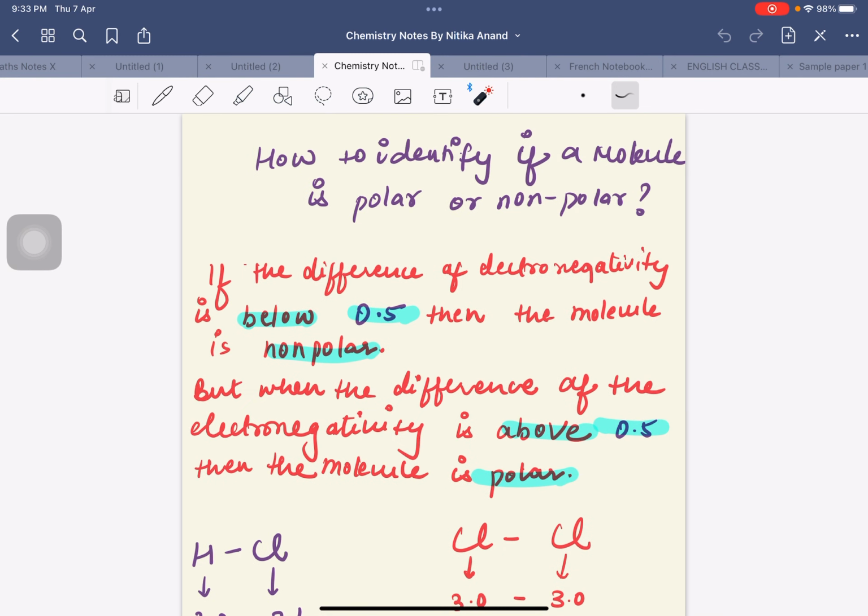Next, how do you identify if a molecule is polar or non-polar? It's very simple. If the difference of the electronegativity is below 0.5, then it's a non-polar covalent compound. But if the difference of the electronegativity is above 0.5, the molecule is polar.